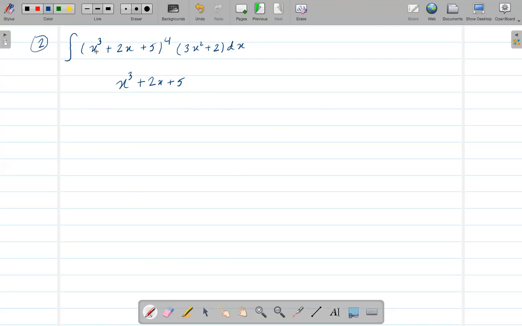If I take the derivative of this whole thing, sorry, did I say integration? Yes, if I take the derivative of this whole thing, it will be 3x squared plus 2, right?